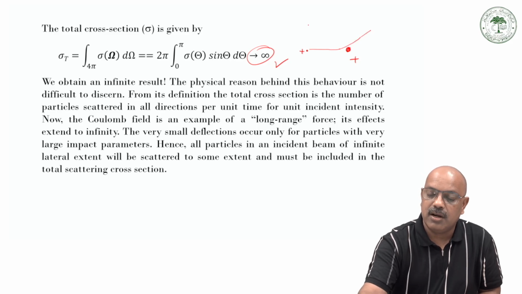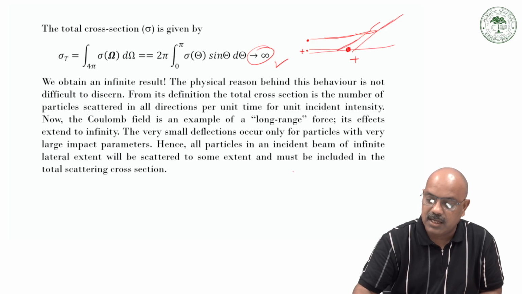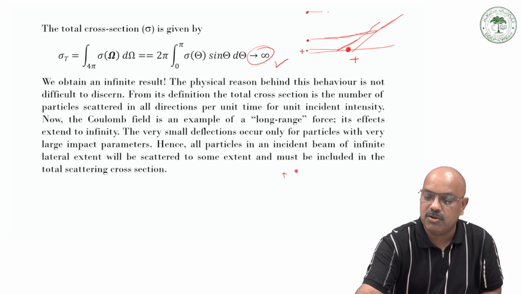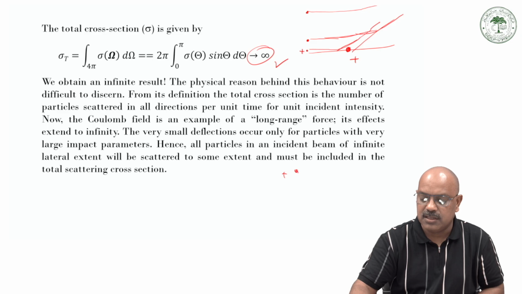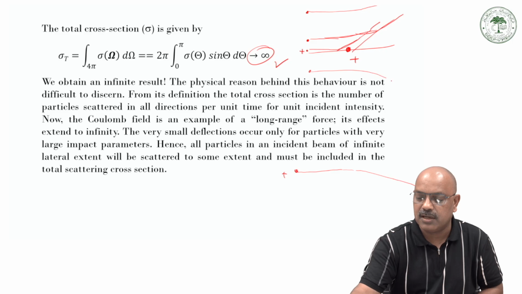If the second particle is here, it will also get deflected, but with some different angle. This will be the angle of this, and that the angle of this. But if a particle is here also, or here also, it is going to be deflected.